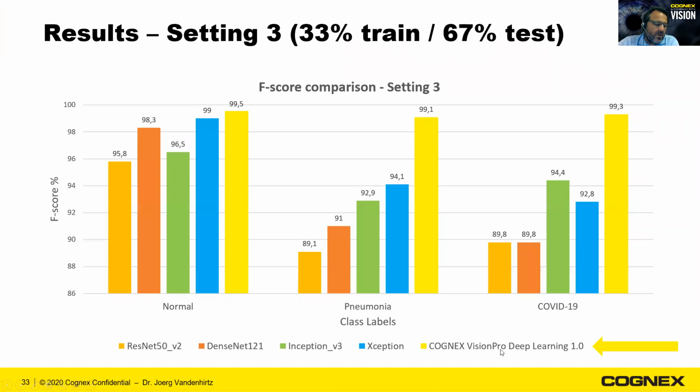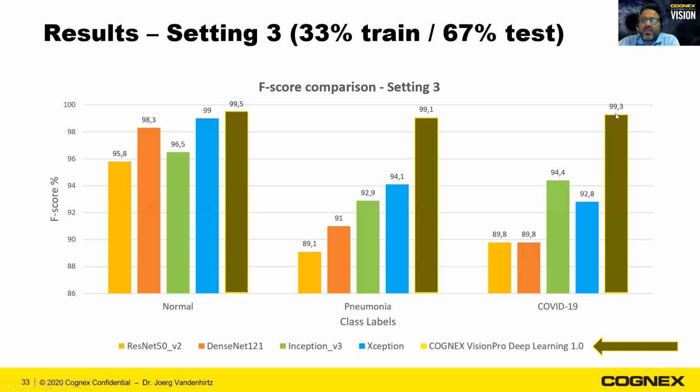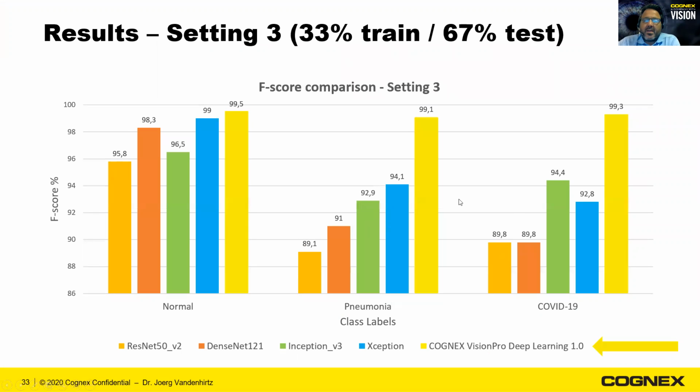But especially when we reduce the training data and increase the test data, COGNEX still stayed in the 99 F-score region, while all the other networks dropped into the high 80s and mid 90s, especially for the 2 important pathologic classes.